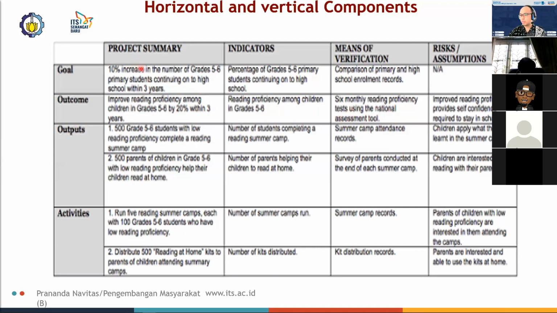And all of this is ultimately to achieve a 10% increase in the number of primary students continuing on to high school over the next 3 years. And there are no risks or assumptions associated with the primary goal.